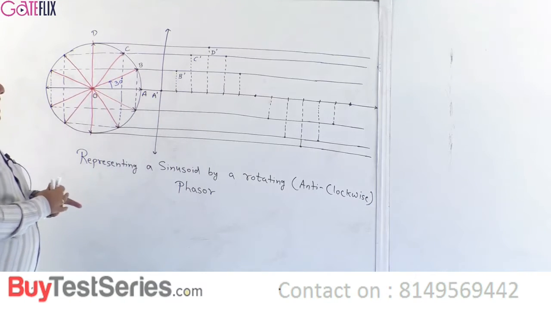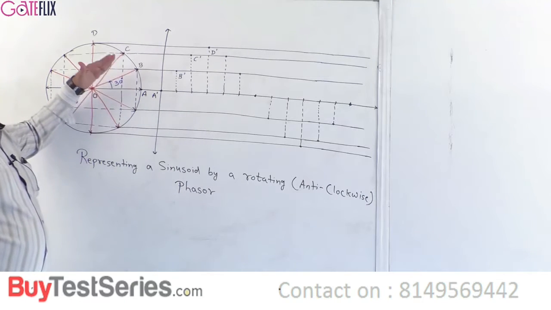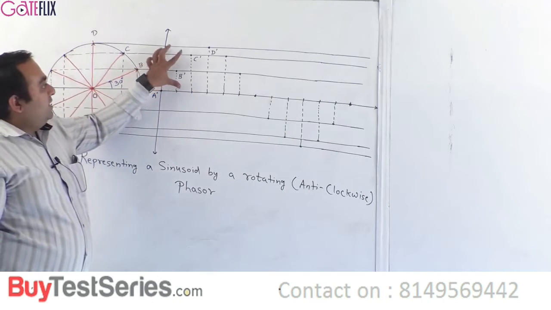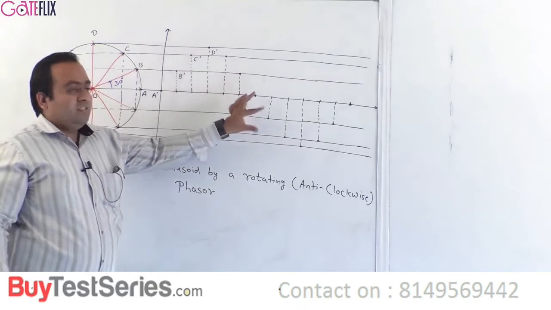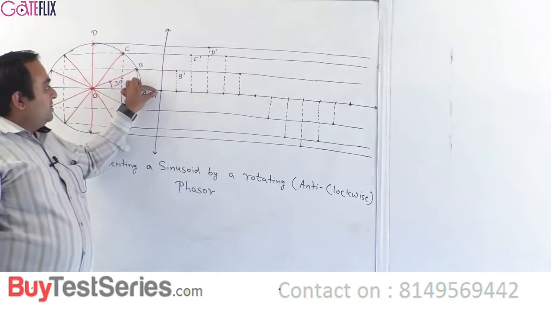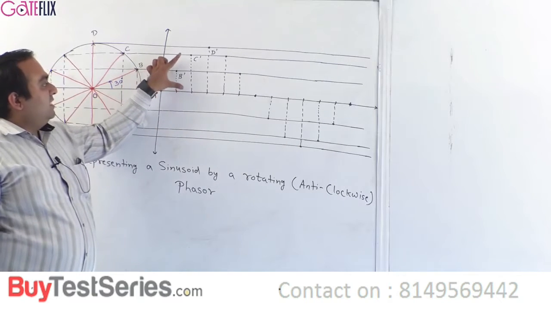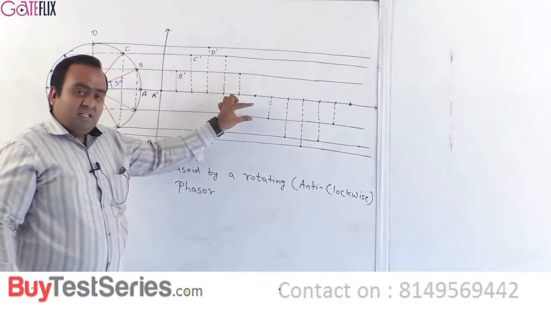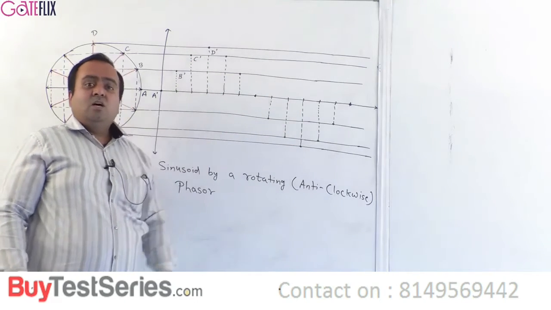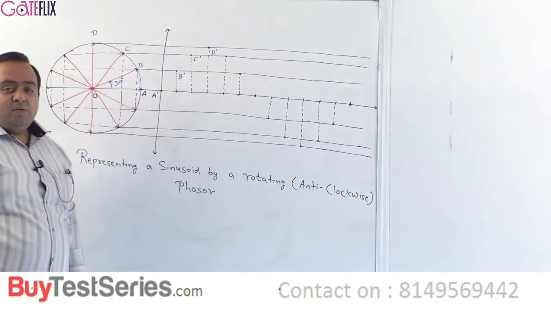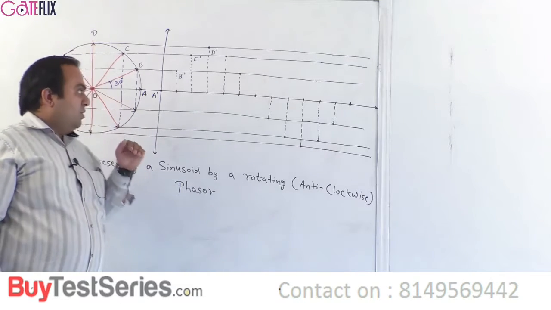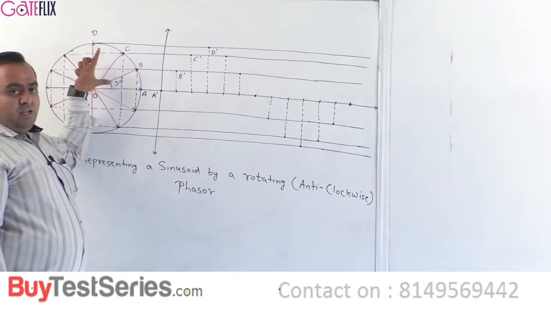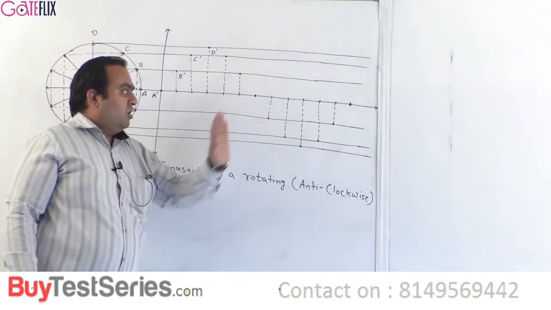So as this phasor is rotating anti-clockwise, its vertical projection is following a sine law. You can see this height: it is 0, then it increases, it further increases, then reduces, becomes 0, and increases on the negative side. This is how the sine law is followed. It means when the phasor is rotating anti-clockwise, its vertical projection is following a sine law.